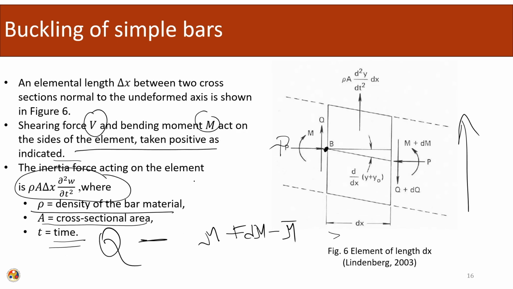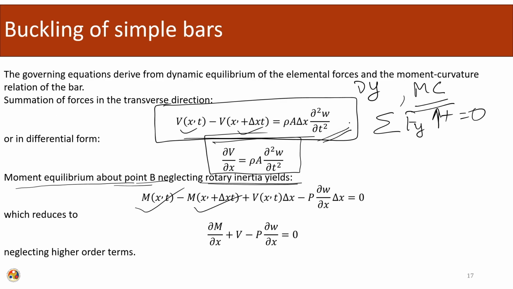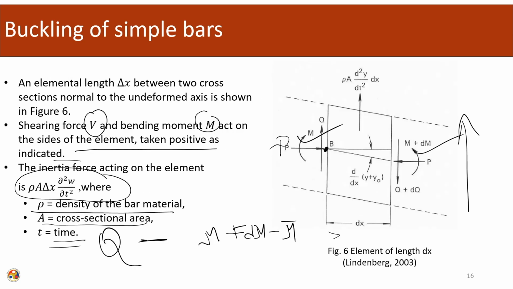So, these two terms come into the picture. And after that, the effect of the shear times the length, q plus dq times dx. So, this is causing the moment in this direction.